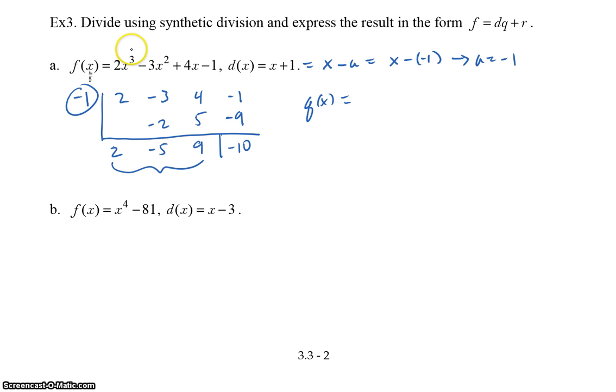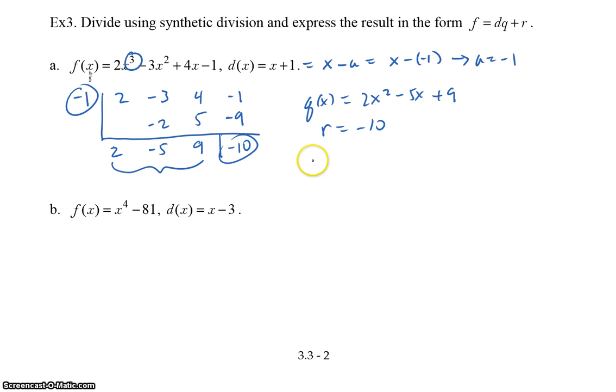and it's a third degree polynomial that we divided into. So the quotient should have a degree 1 less than that. This should be second degree. 2x squared minus 5x plus 9. And then the negative 10 here is our remainder. R equals negative 10.